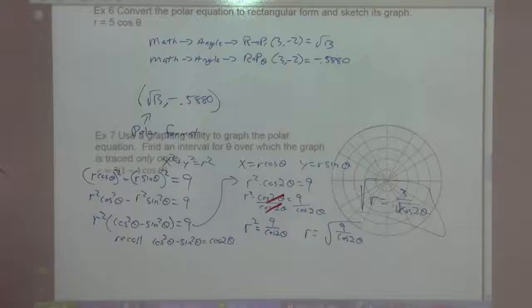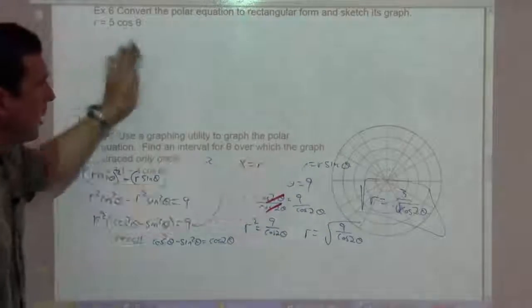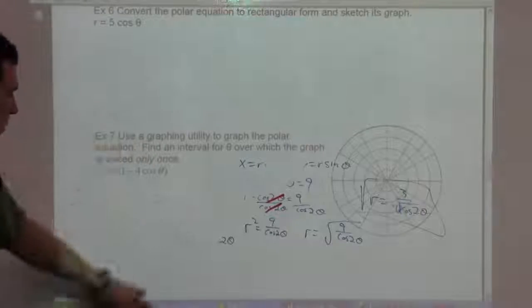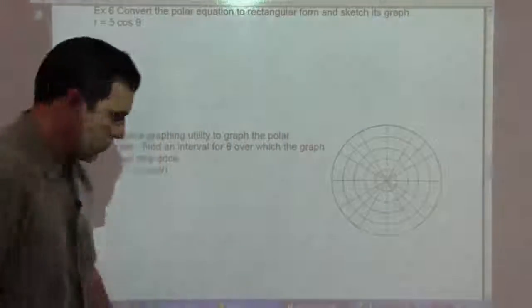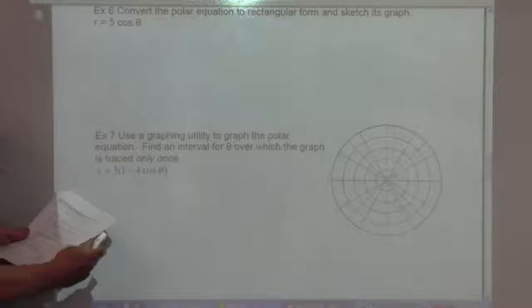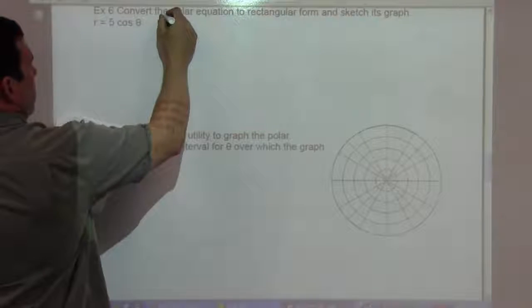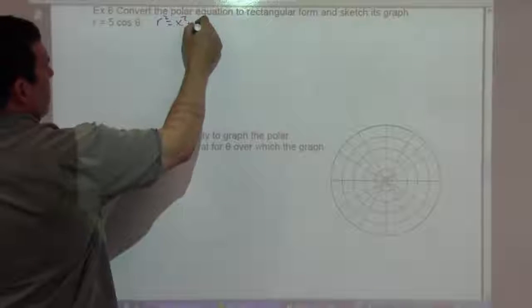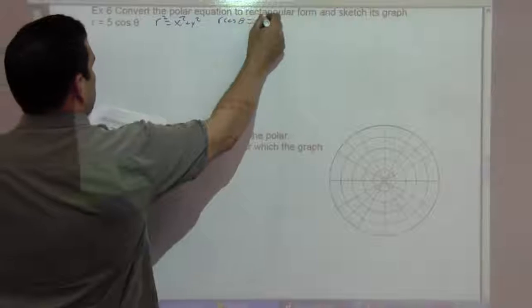Example 6. Convert the polar equation to rectangular form and sketch its graph. So again, r squared equals x squared plus y squared, and r cosine theta equals x.